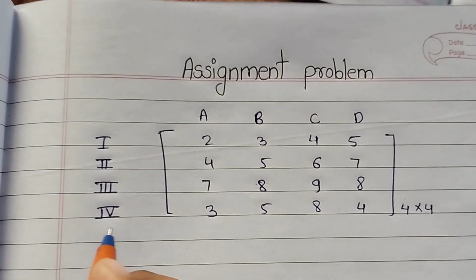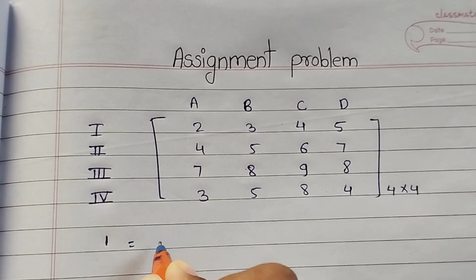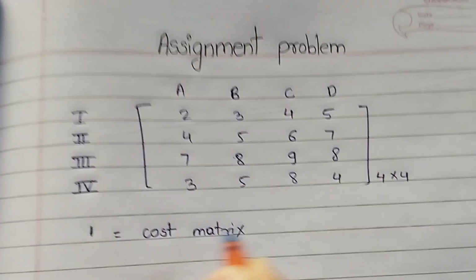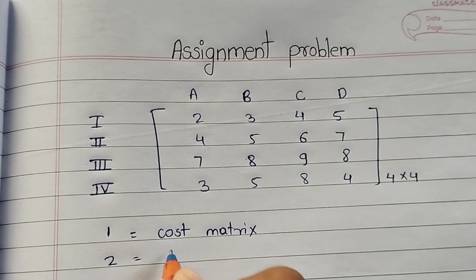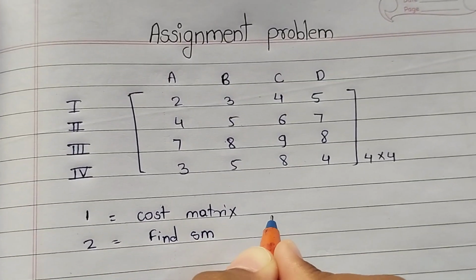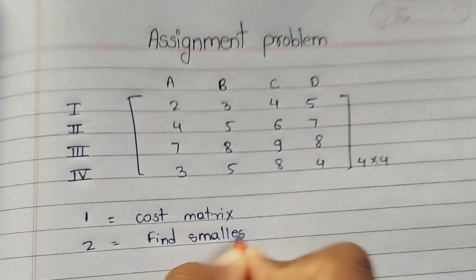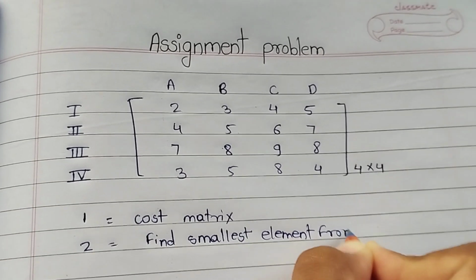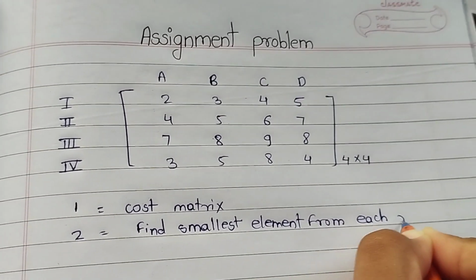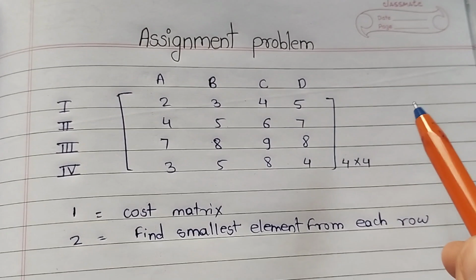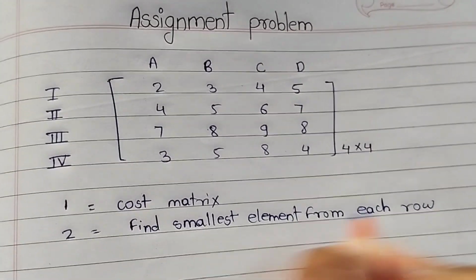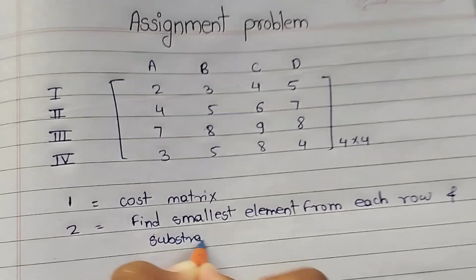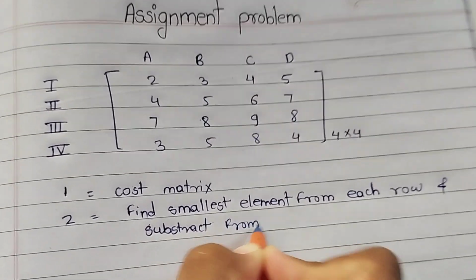So the first step, consider the cost matrix. Second step, find the smallest element from each row and subtract it from the respective row.